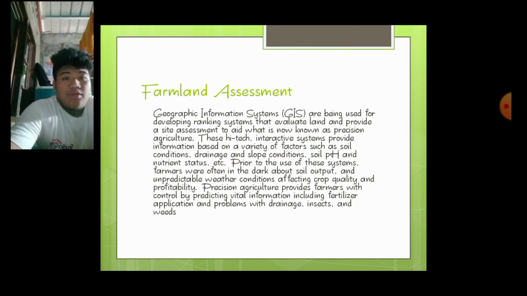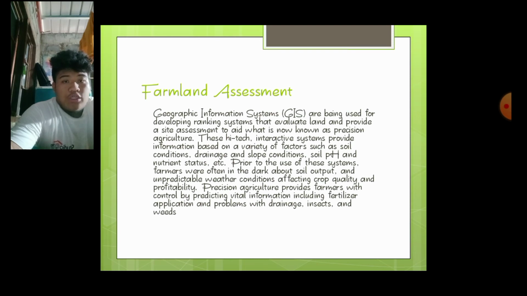Farmland assessment. Geographic information systems are being used for developing ranking systems that evaluate land and provide a site assessment to aid what is now known as precision agriculture.